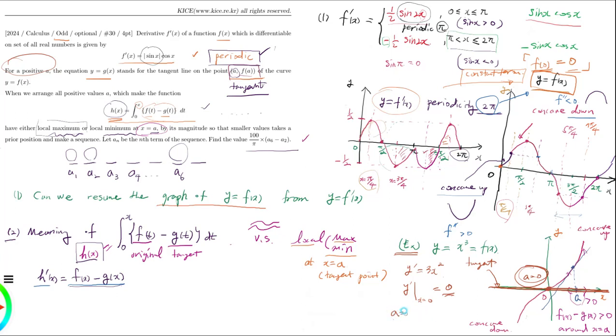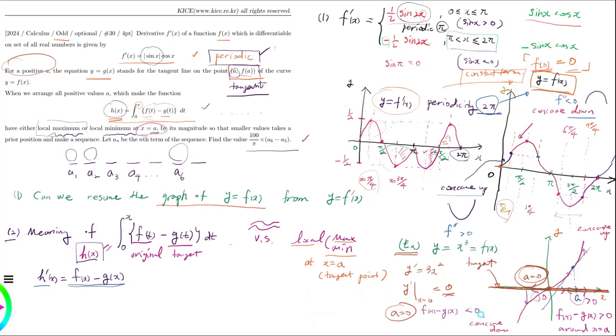When a equals 0, around the origin, when x is negative, the original function f of x is less than the tangent line, it is below.